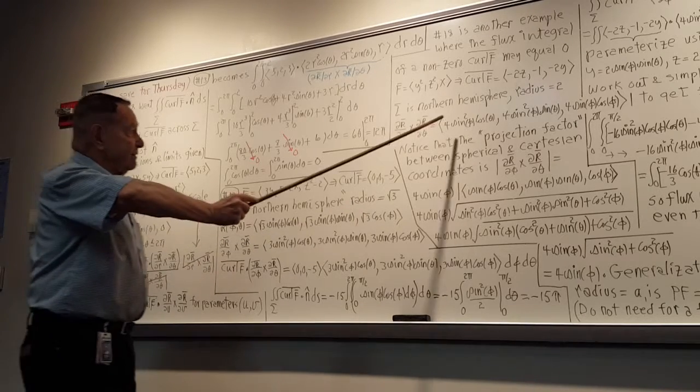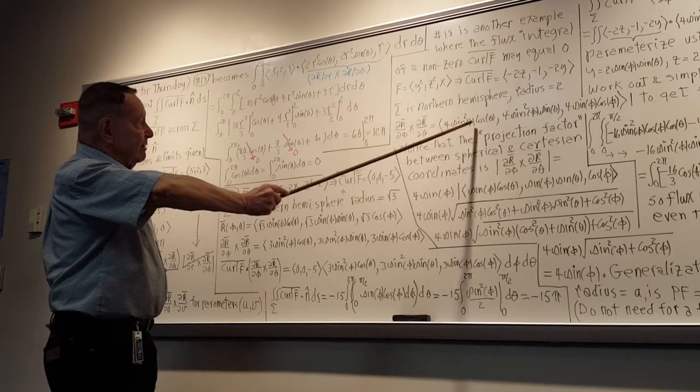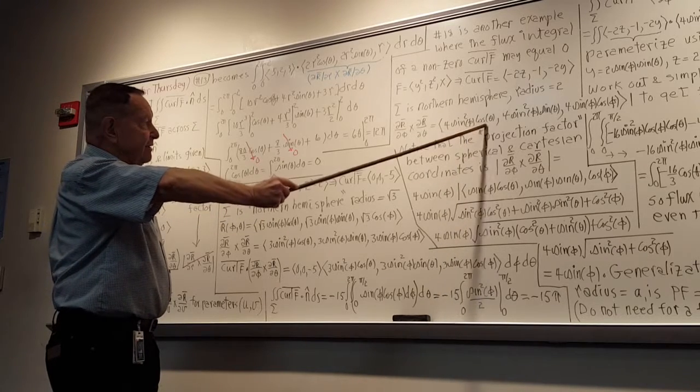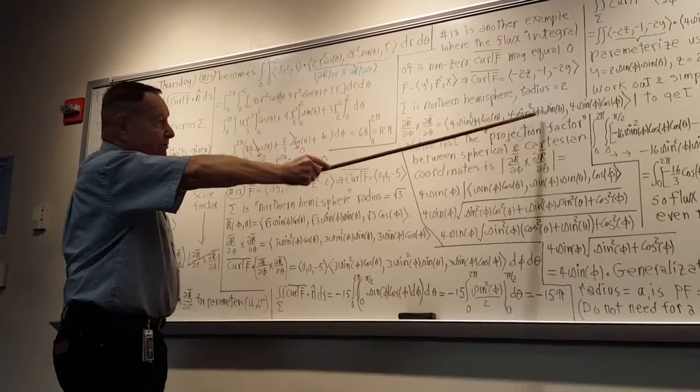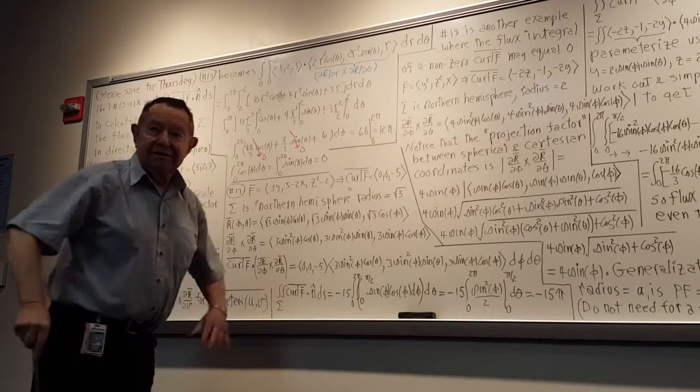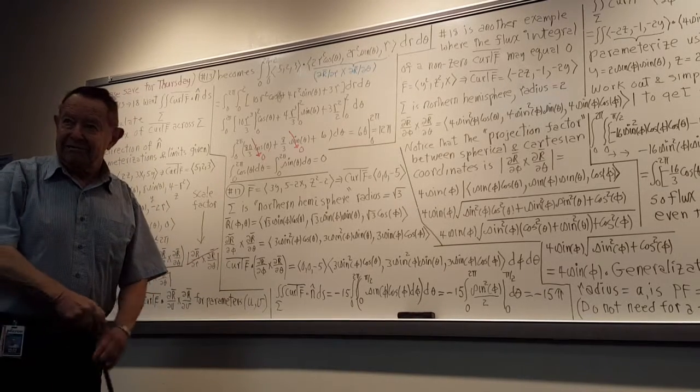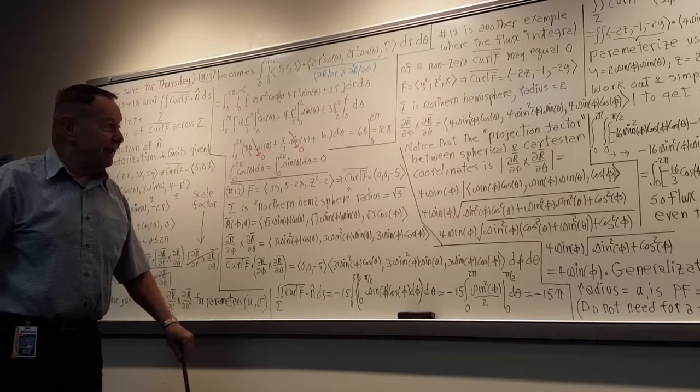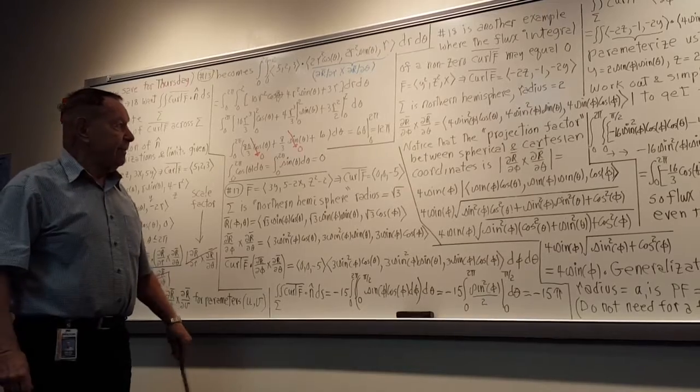And then you get sine squared phi cosine theta, sine squared phi sine theta, sine phi cosine phi. That's always what that cross product will give you for that type of thing.